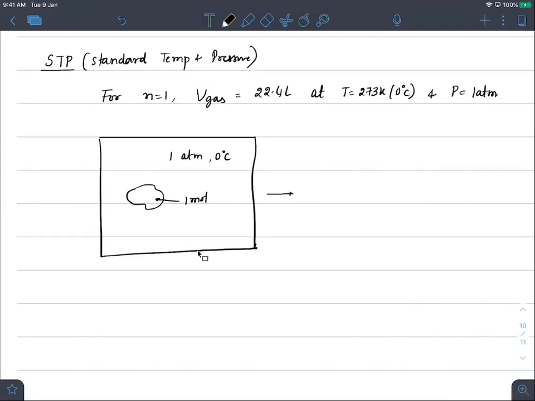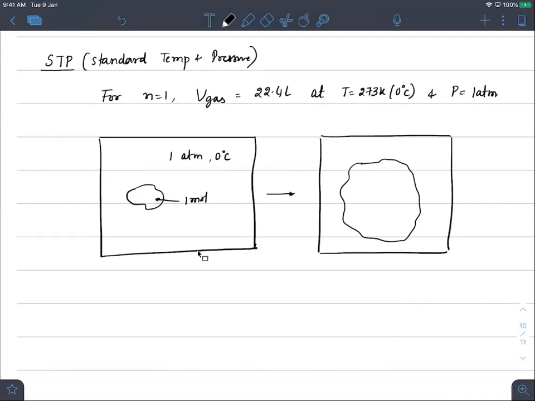Imagine this all is in one particular room. Then slowly, this gas will expand in the balloon, and a time will come when the balloon is inflated to a volume of 22.4 liters with 1 atm pressure inside and 0 degree centigrade inside, because now it will become mechanically and thermally at equilibrium.